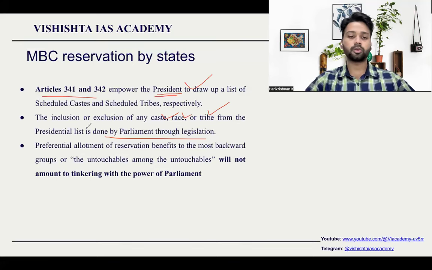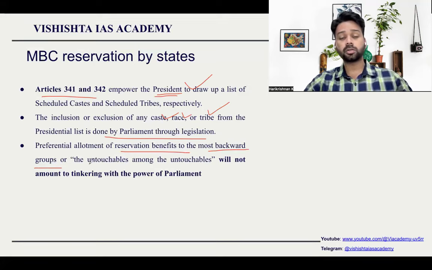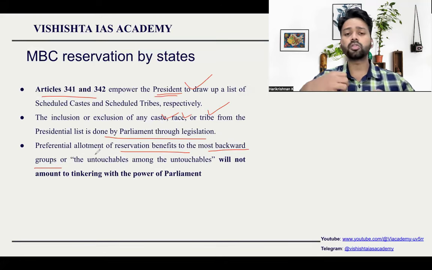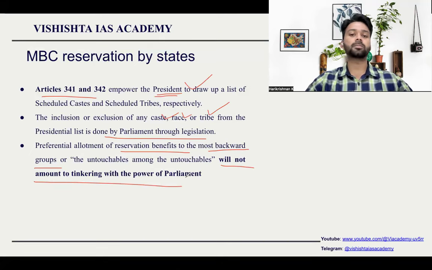What the Supreme Court has said is that preferential allotment of reservation benefit to the most backward group, or the untouchables among the untouchables, that is, the most backward people who are involved in scavenging, people who have been severely discriminated even today, will not tinker with the power of the parliament.